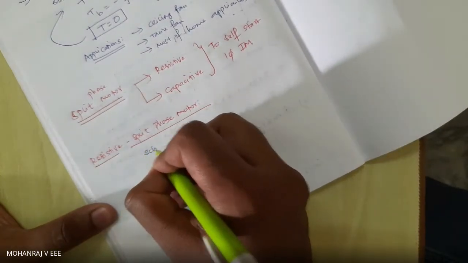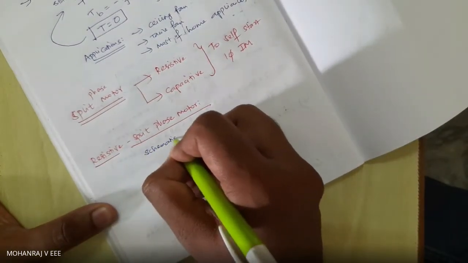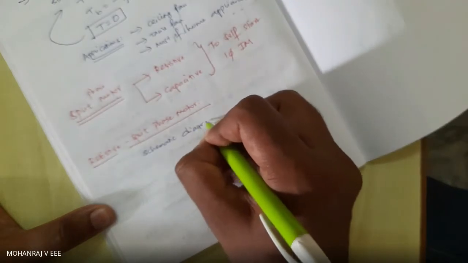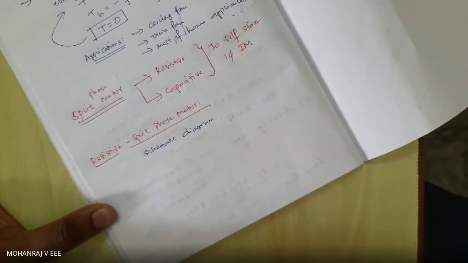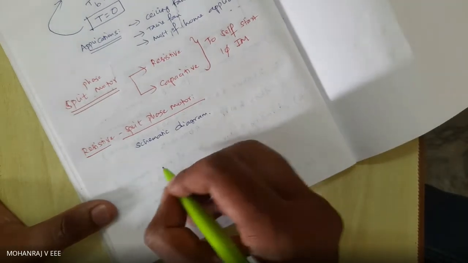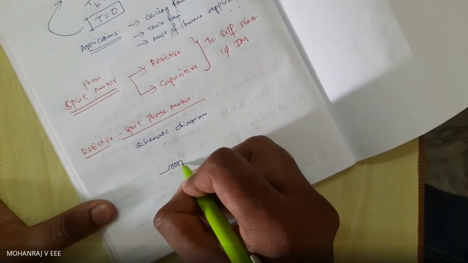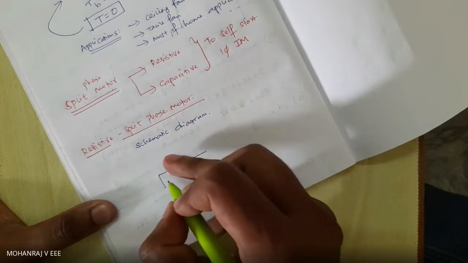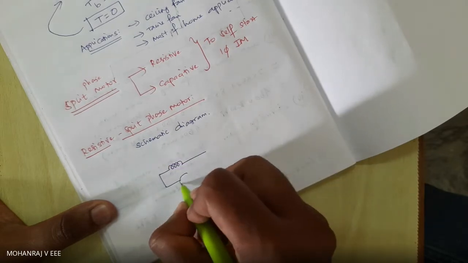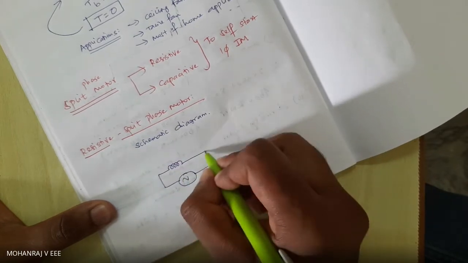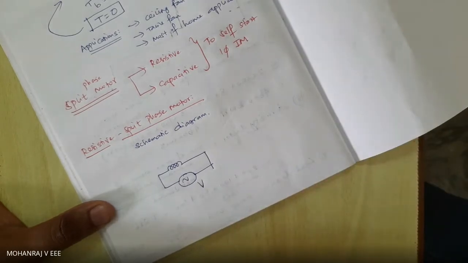First, let us discuss the schematic diagram, how this induction motor will look. I will have my main winding. This winding is known as the main winding. To my main winding, I will give a single phase power supply with voltage V.